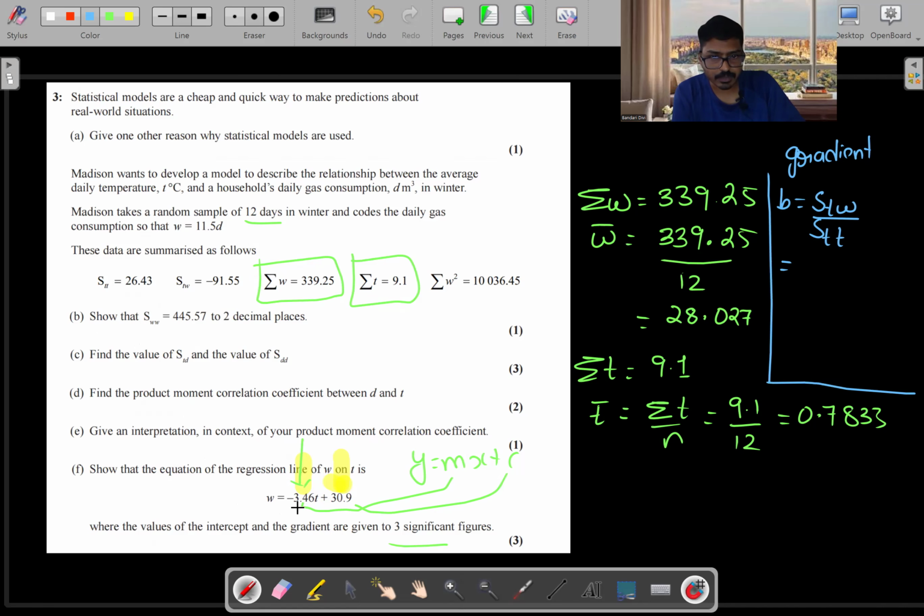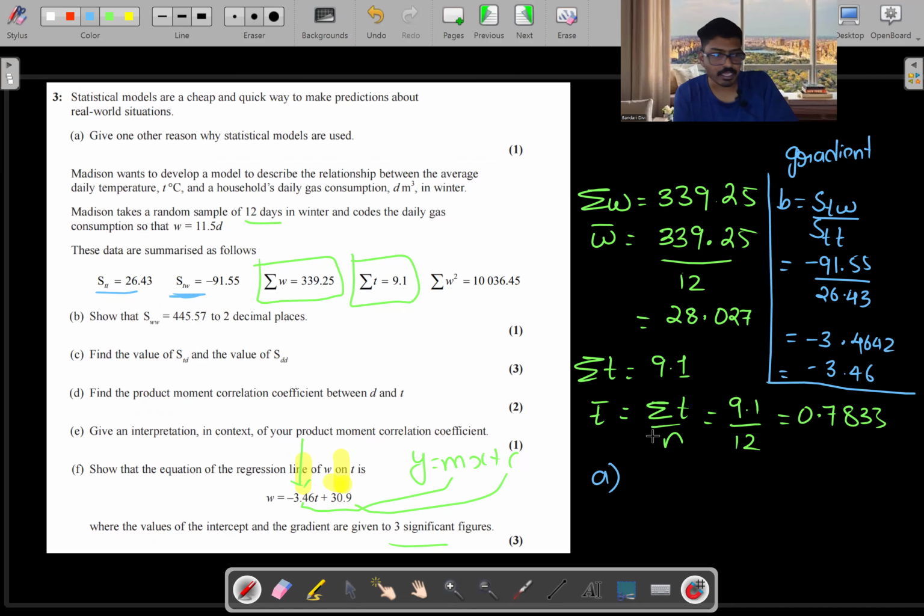We already calculated it in the previous question, so STW is given as minus 91.55, upon STT, which will be 26.43. So that will be our value of B, which is going to be negative 3.4642. We will put it to 3 significant figures, so minus 3.46. So this will be our value of B.